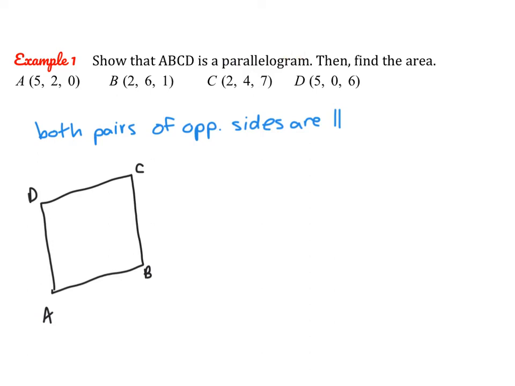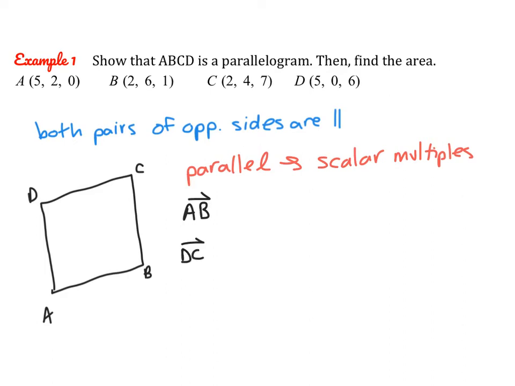Remember, how do we determine if 2 vectors are parallel? They are parallel if the component vectors are scalar multiples. So that's what we will be looking for. We're going to compare vectors AB and DC.